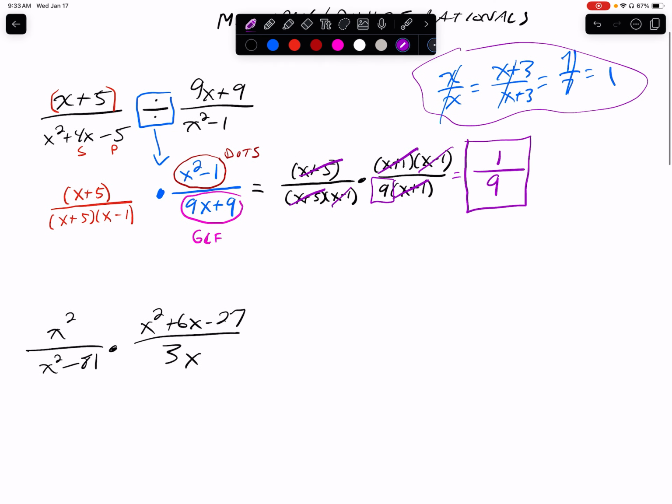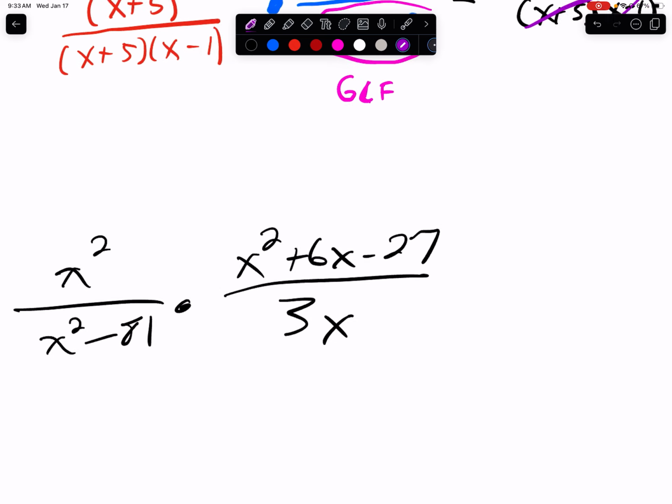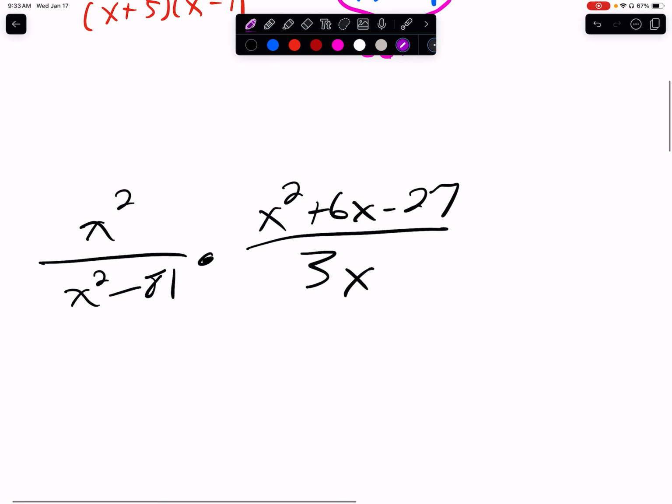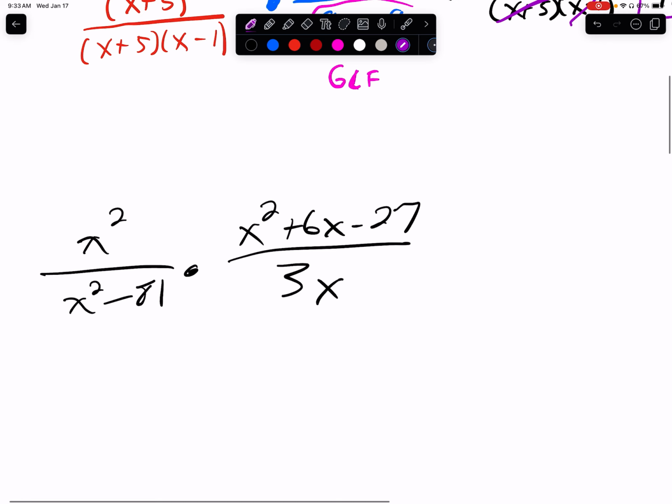Okay, next example. When we are multiplying here, we don't have to change anything. We're just going to look for our techniques. Right here, I've got dots, right, difference of 2 squares. And then up top, I've got a sum of 6 and then a product of -27. Resist the urge to cross those off right away. We need to form full and complete values of number 1.